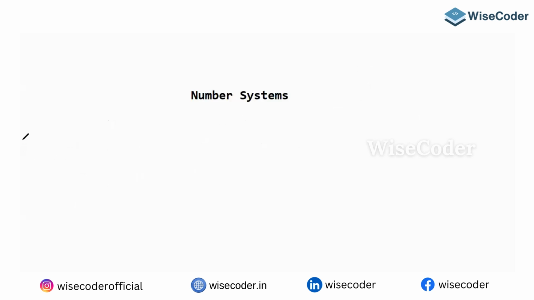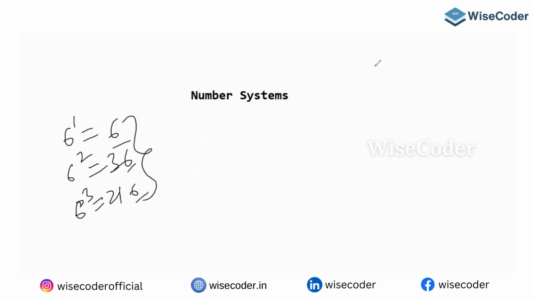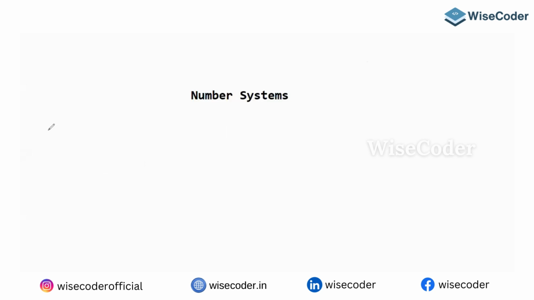Let's talk about 6. 6 power 1, 6. 6 square, 36. 6 cube, 216. So always the unit digit is only 6. 6 power any number is going to be 6.